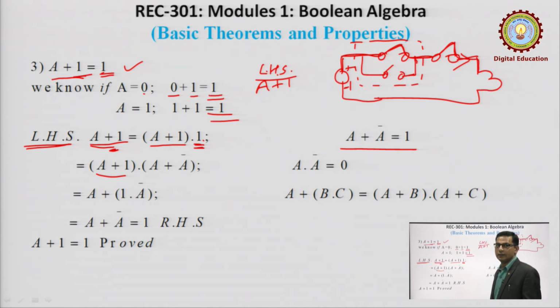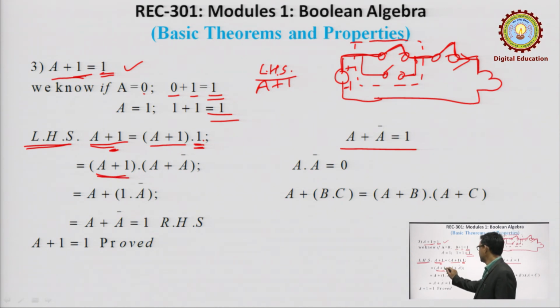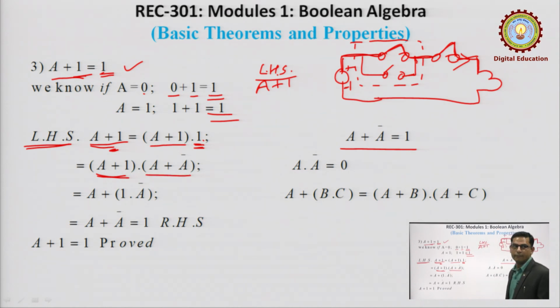Is it clear? Okay. Now, second case. So, what have we done? We have just written down A plus 1 is equal to this dot A plus A bar, okay, from here.